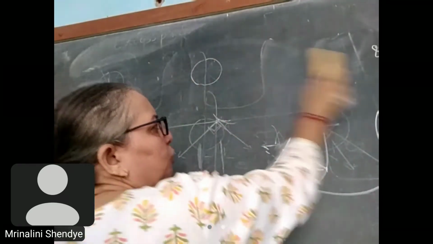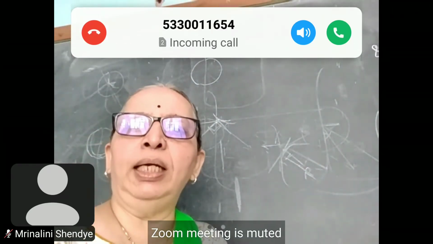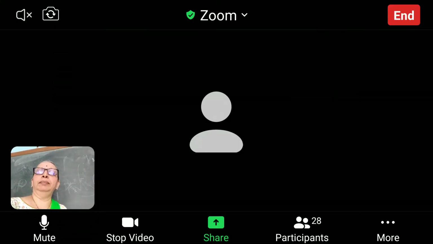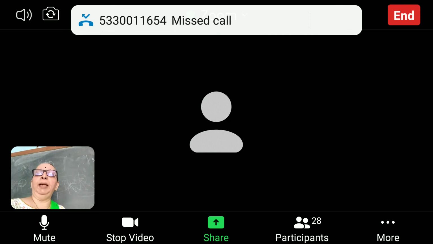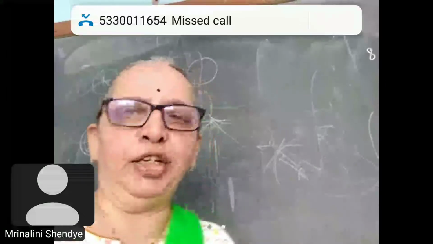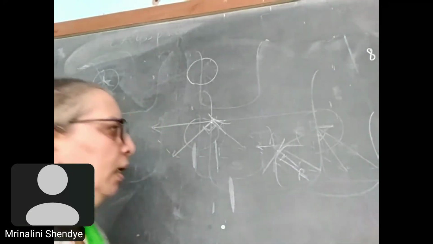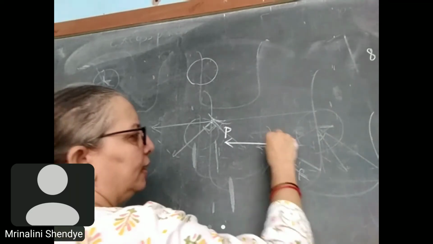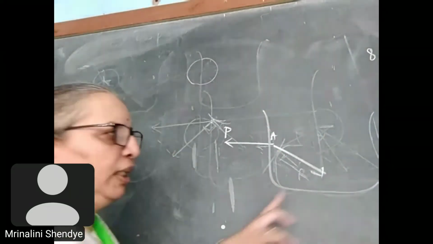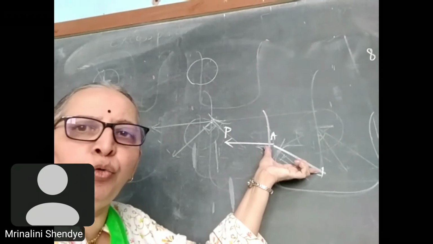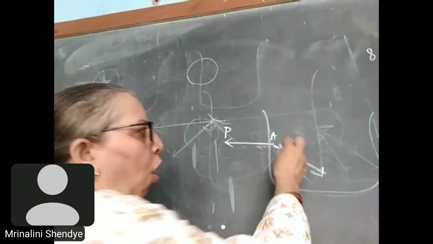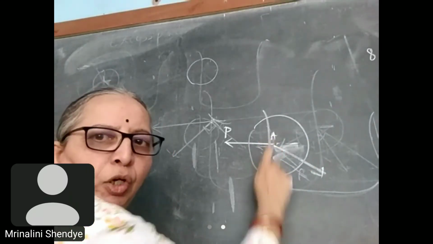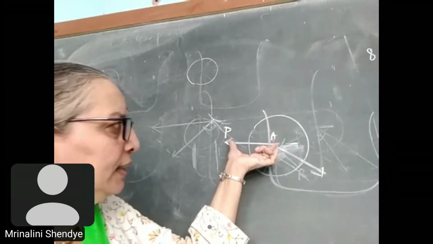Suppose sometimes what happens, depending on the nature of the liquid. 1 minute. Depending on the nature of the liquid, sometimes AP becomes dominant as compared to AC. लिक्विड का जो नेचर है ना, उसके हिसाब से the cohesive force exerted by all molecules, liquid molecules lying within the sphere of influence, is negligible as compared to AP.